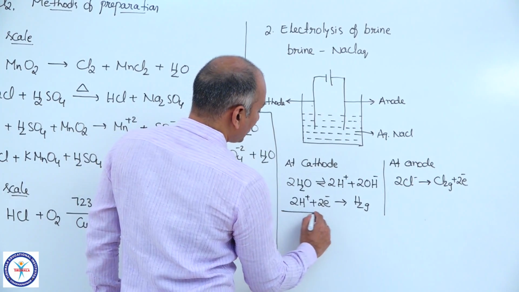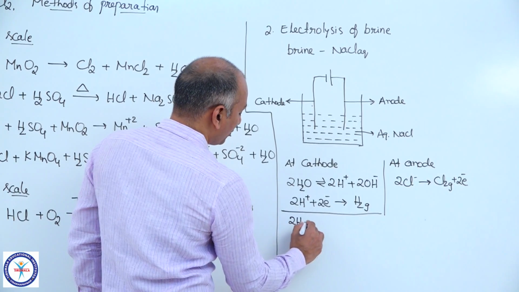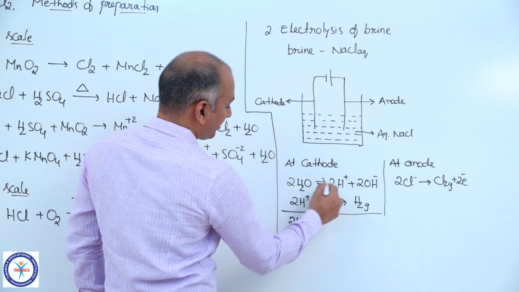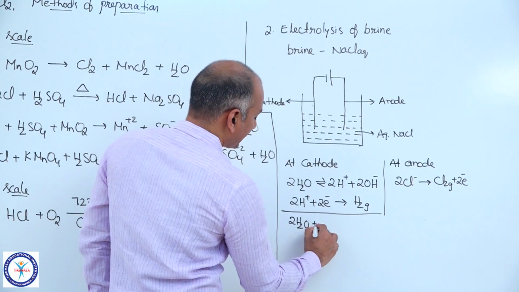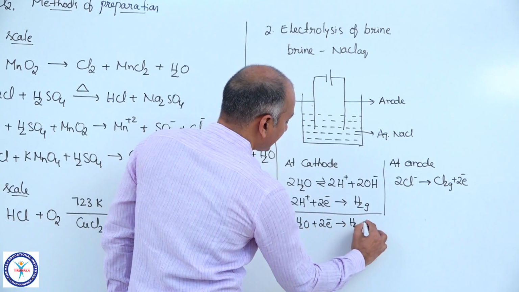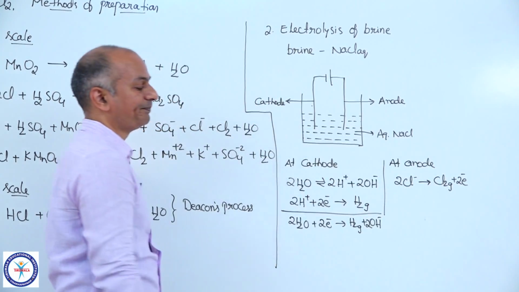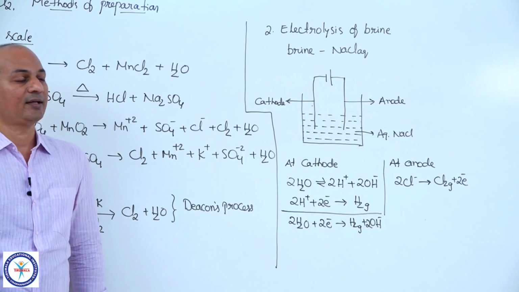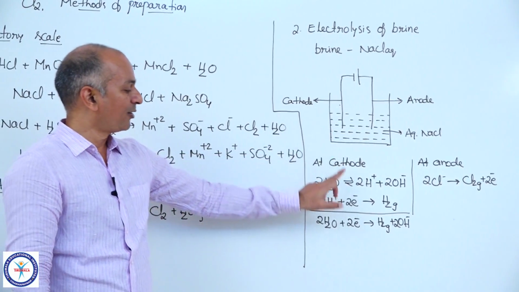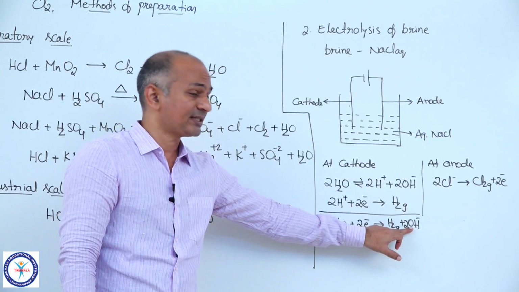If you add these two, then you will get a reaction that is 2H2O as it is, H plus and H plus get cancelled, plus 2 electrons, that gives H2 gas plus 2 OH minus. And you observe the products carefully. At the cathode, hydrogen gas is liberated, but don't ignore OH minus.